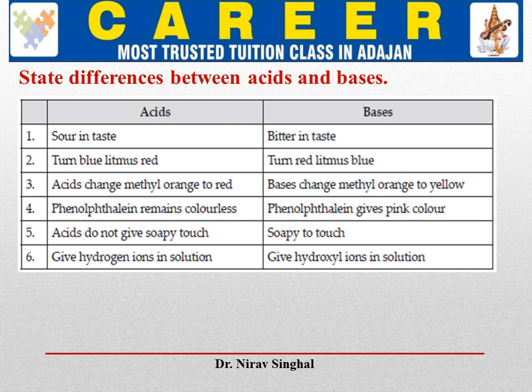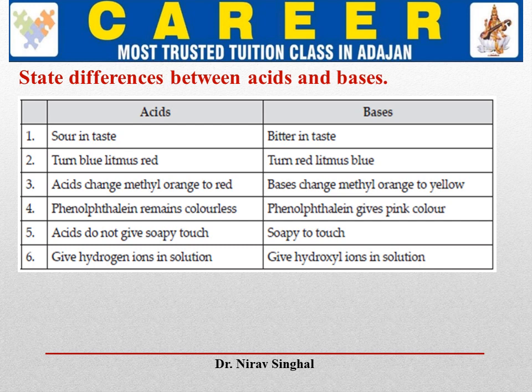Methyl orange is an indicator which in the presence of acid turns red, whereas in the presence of base it turns yellow. Phenolphthalein remains colorless in the presence of acid, whereas in the presence of base it becomes pink in color. Acid does not give a soapy touch, whereas bases give a soapy touch.